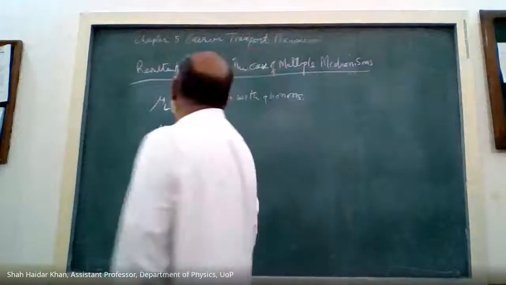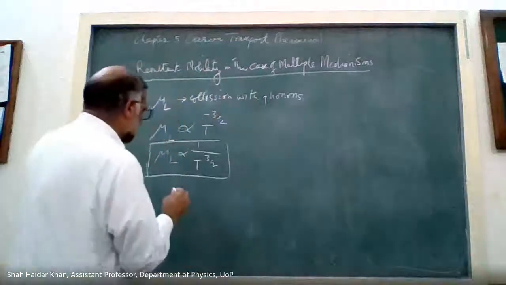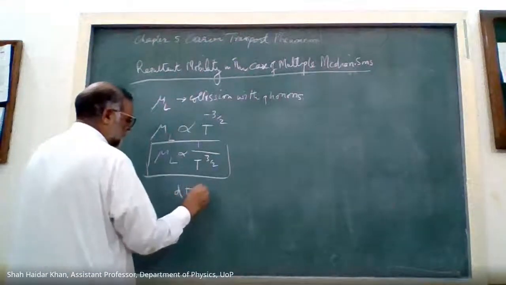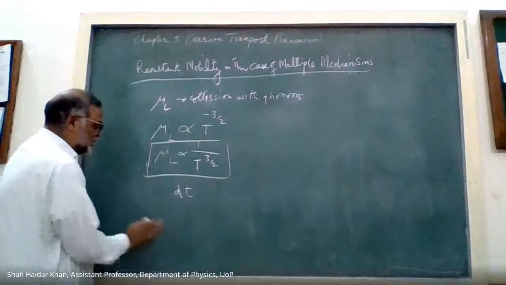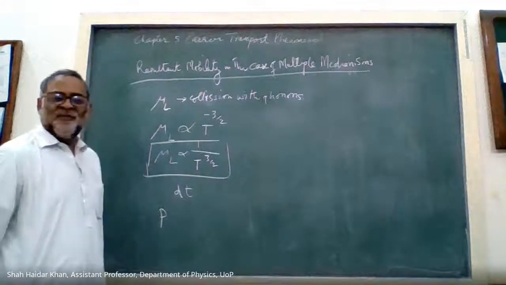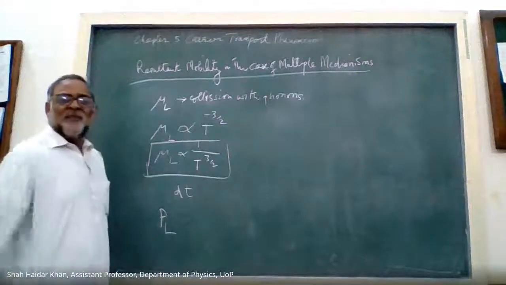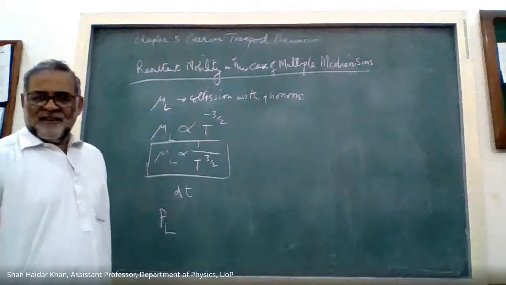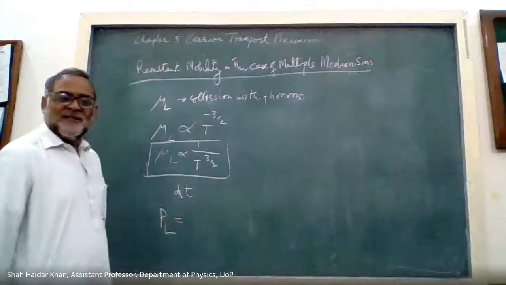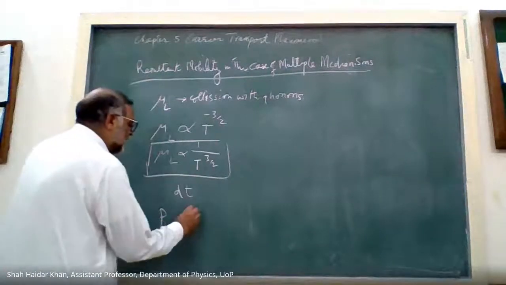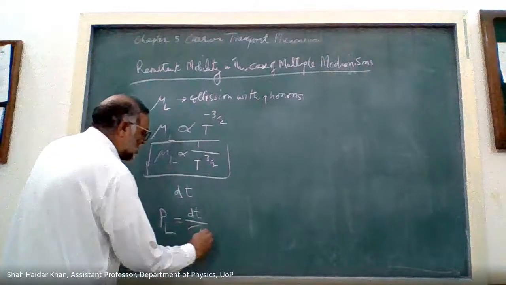So if you ask me what is the probability of collision in a small time dt, right? I will say the probability of collision, PL, where L means lattice vibration, due to lattice vibrations would be equal to dt divided by tau.